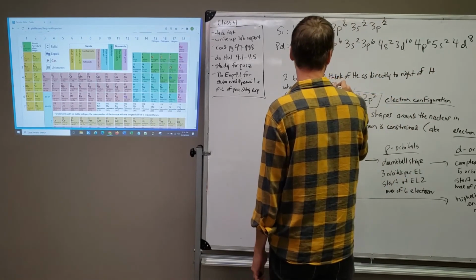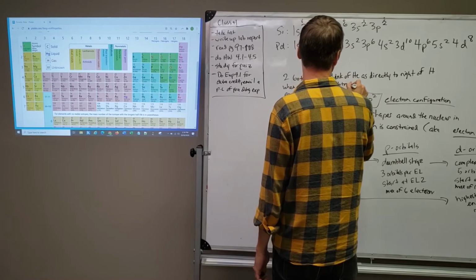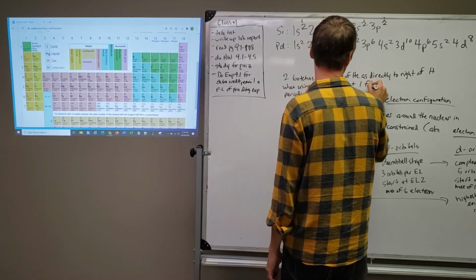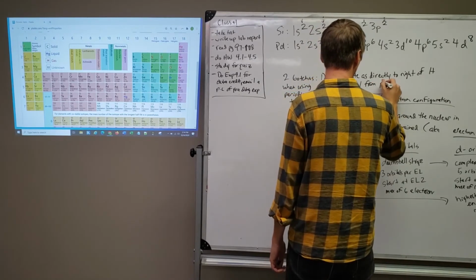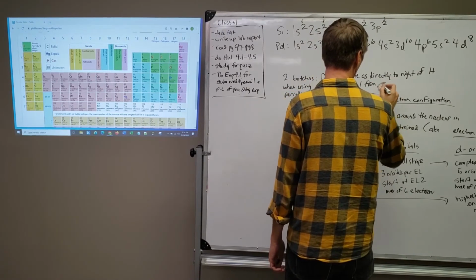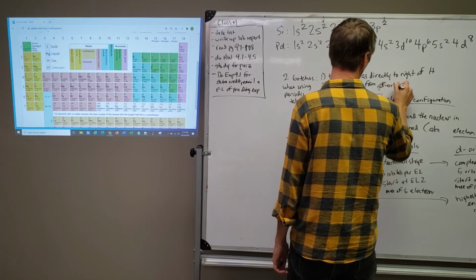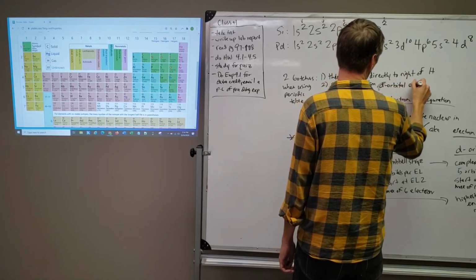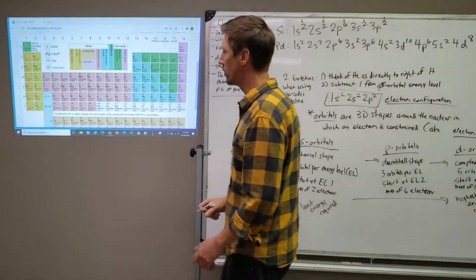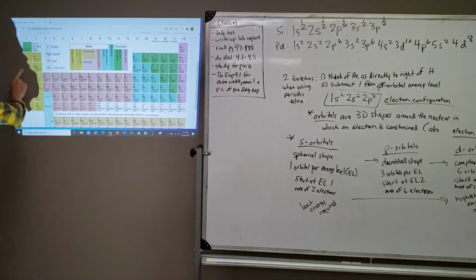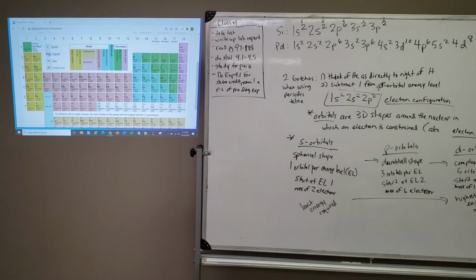And subtract 1 from the D orbital energy level. So even though the first one you encounter is on row 4, you need to make sure that the first energy level you write down for D is 3.